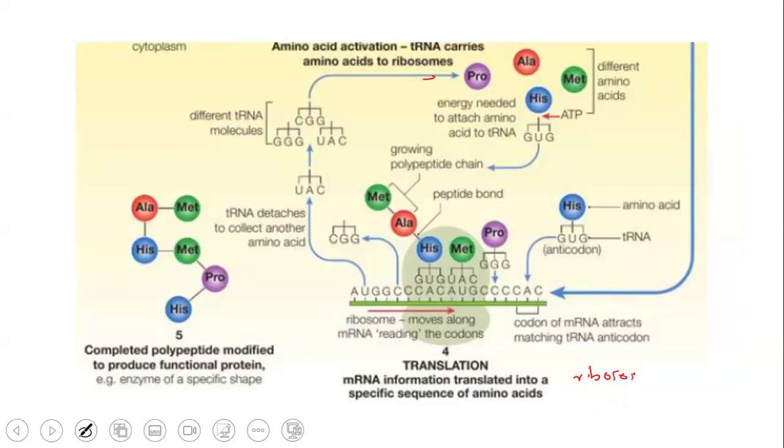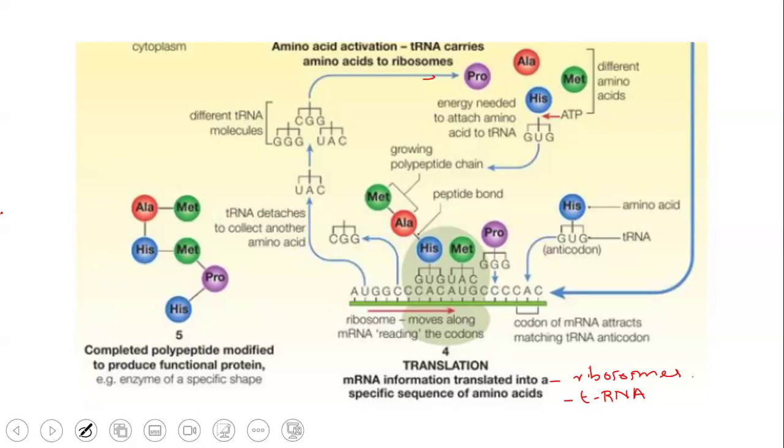Ribosomes are responsible for protein synthesis. Along with ribosomes, I need another molecule known as transfer RNA. Transfer RNA is also an RNA, just like the one we studied, but it's slightly different. Transfer RNA and ribosomes will work together to make the protein.